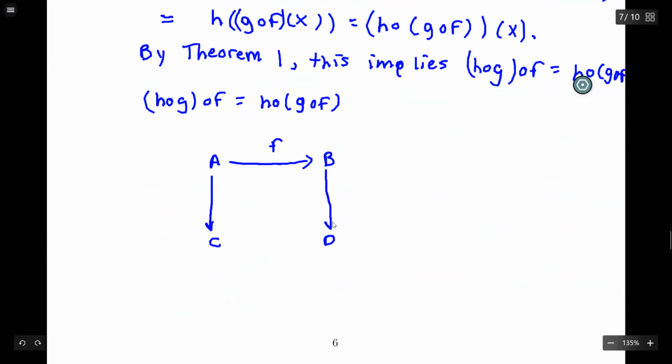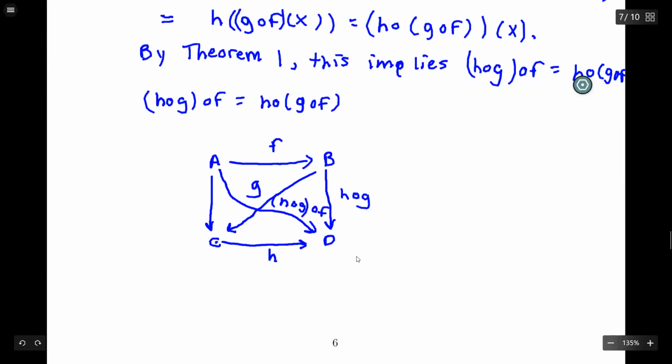B mapping to D is H compose G. C mapping to D is H. So they said C to D was H, A to B was F, B to C was G, so B to D would be H compose G. So we start with the domain B, and then we map to the range of H, which is D. And then A to D would be H compose G compose F. So that's kind of how the mappings are working.